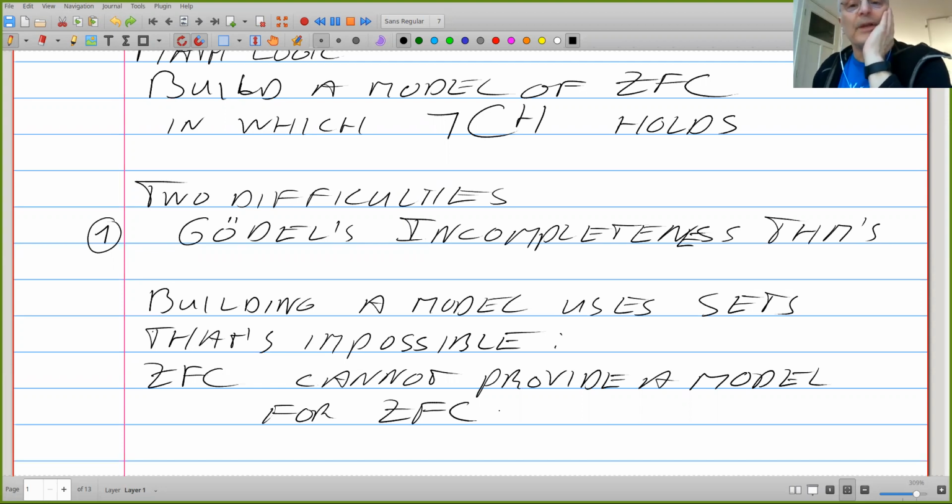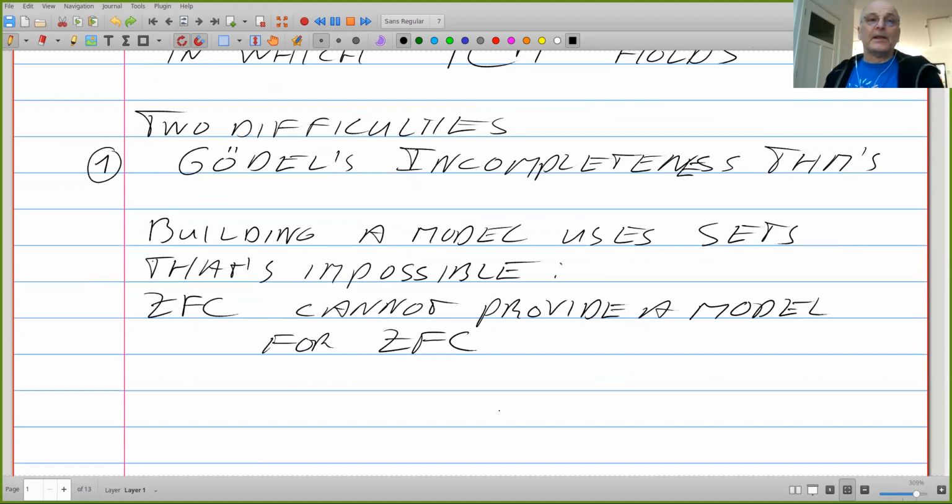That's what Gödel's incompleteness theorem says for the theory ZFC. Well, that's sad.